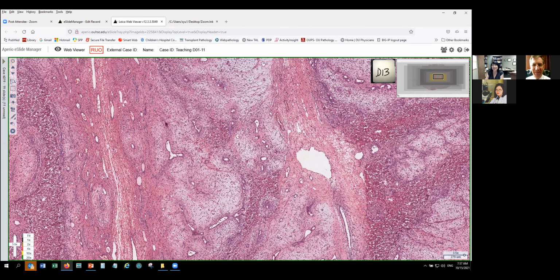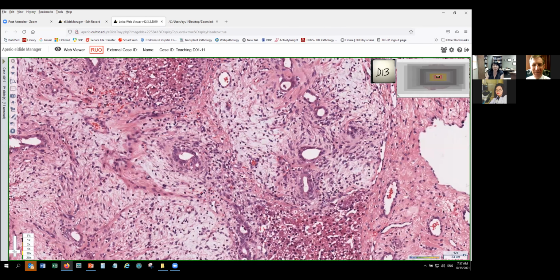Have bile duct, fibrous tissue, liver cells. So this is called hamartoma. The predominant abnormal tissue is the mesenchymal component. So that's what we call mesenchymal hamartoma.